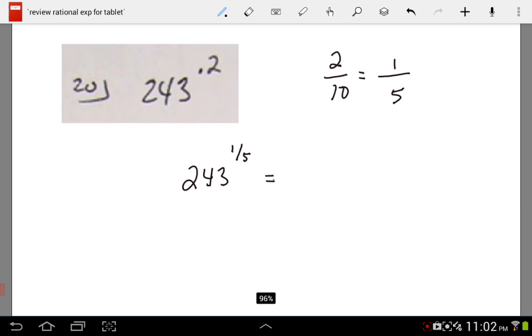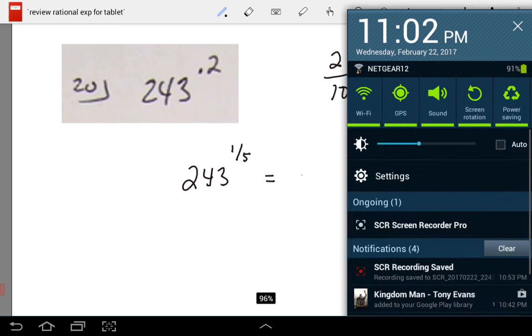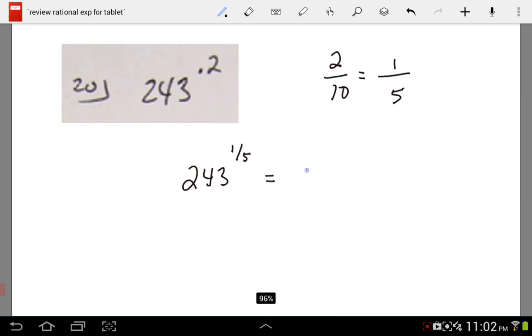Now we just wrote 243 in the last problem, so that's 3 to the 5th. So now I can write this as 3 to the 5th to the 1/5. Now these will cancel here. So my answer there is just 3.